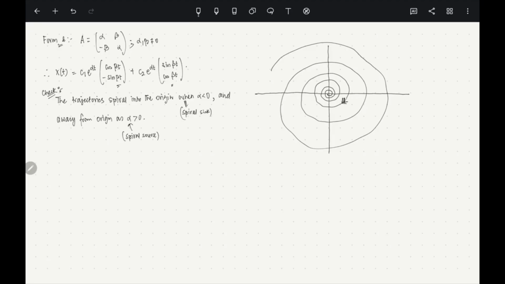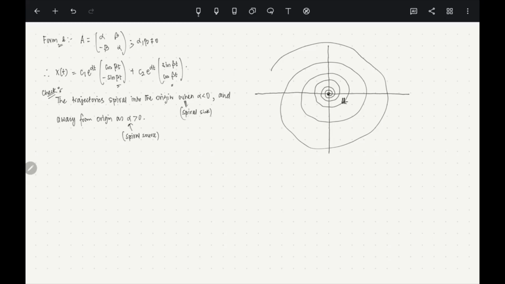In this case I drew it in a counterclockwise direction, sorry, I drew it in a clockwise direction. It is converging to the origin, but in a clockwise direction. This is the drawing which I did. It doesn't have to be; it can be in a counterclockwise direction also.